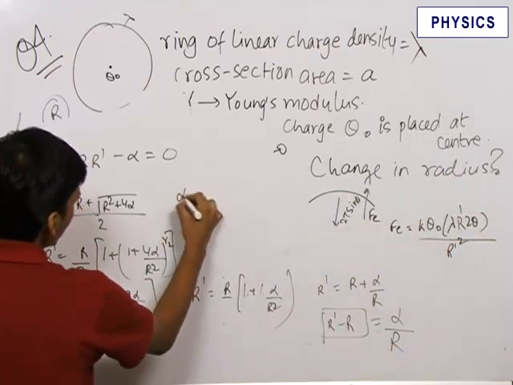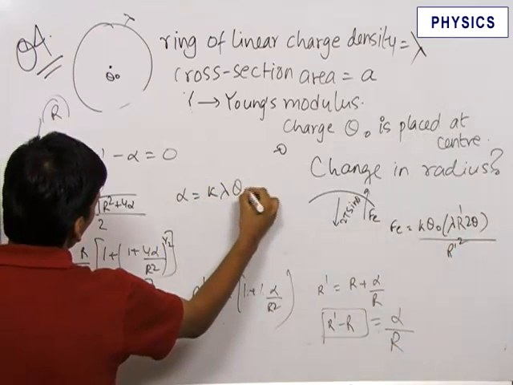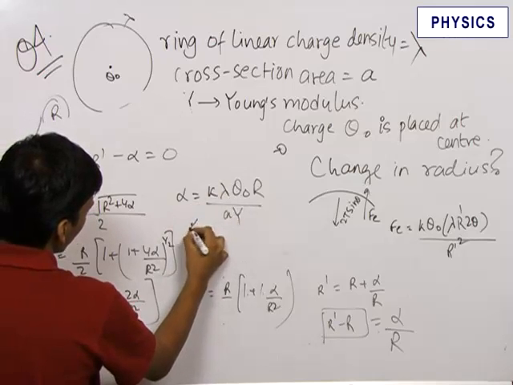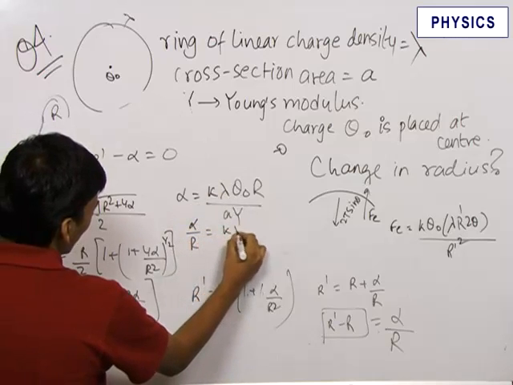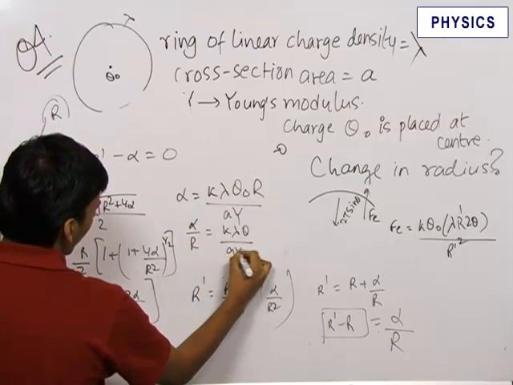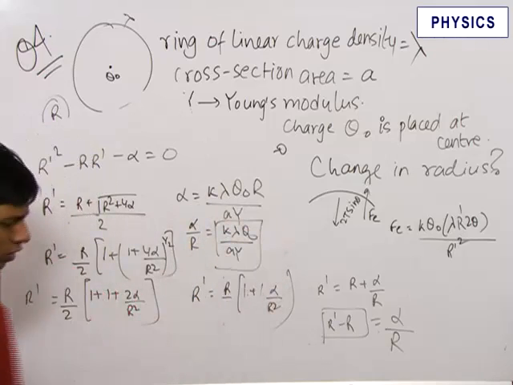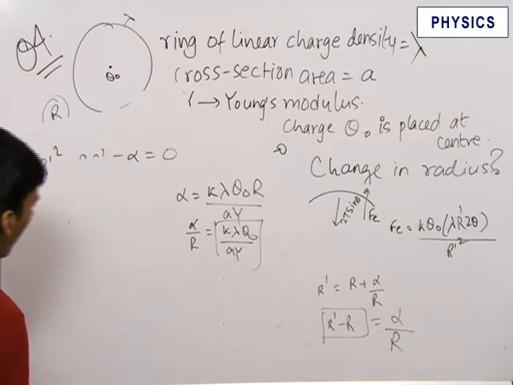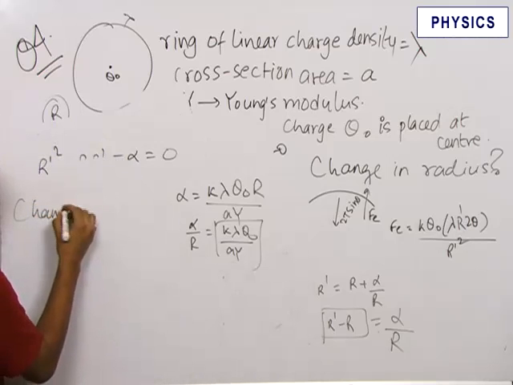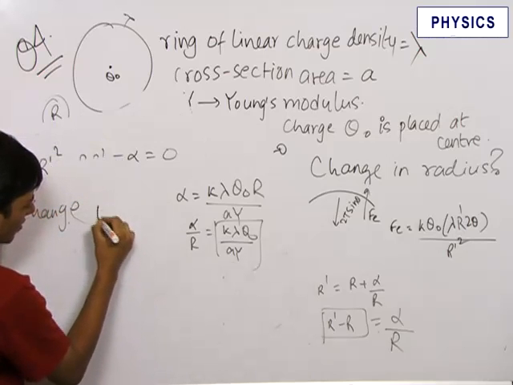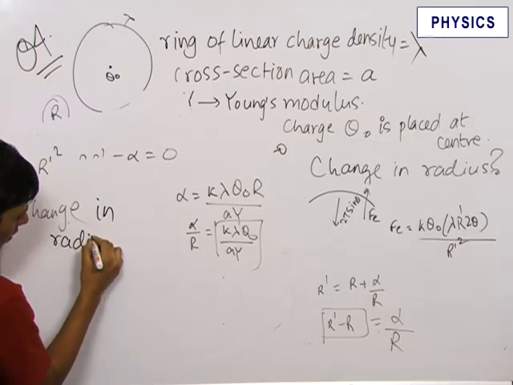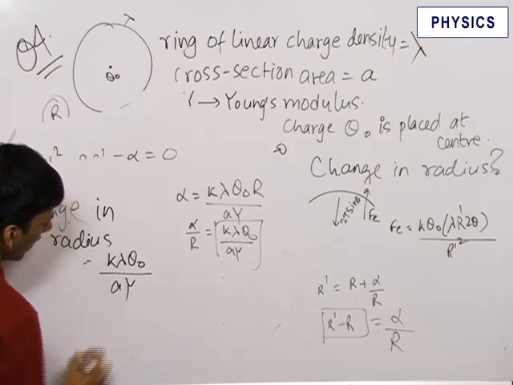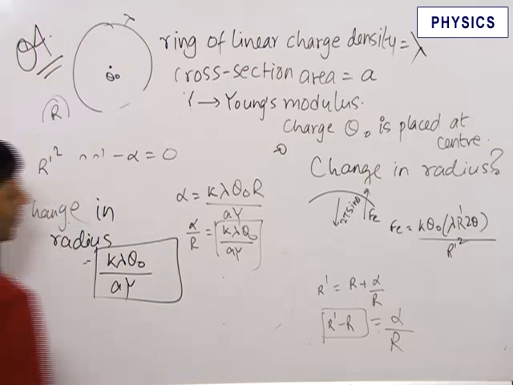Now the value of alpha was k lambda q naught r upon A Y. So alpha upon r becomes k lambda q naught upon A Y. So our final answer for the change in radius comes out to be k lambda q naught upon A into Y.